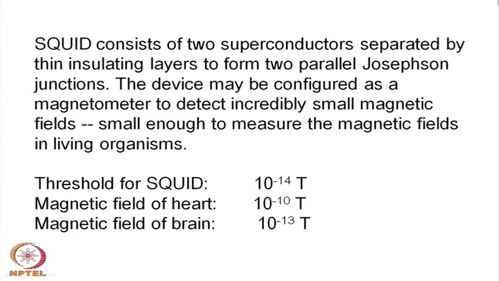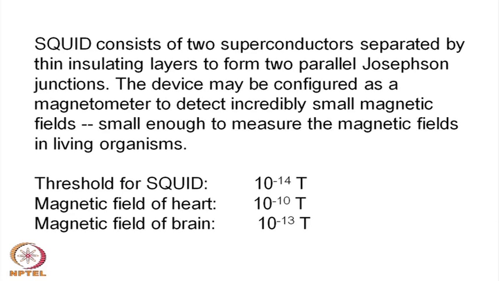Now, SQUIDs consist of two superconductors separated by thin insulating layers to form parallel Josephson junctions, as has been explained from the diagram, and the device may be configured as a magnetometer, which basically measures magnetic field strength to detect incredibly small magnetic fields, small enough to measure the magnetic fields in living organisms.